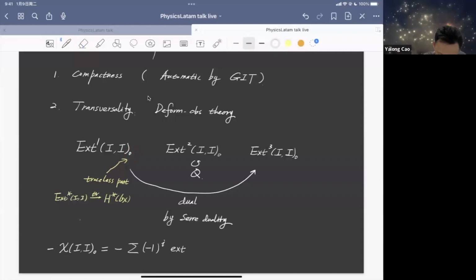I call this a small ext I. So we know that this left hand side, by Riemann-Roch, is a topological constant, depending only on the Chern character of E_I, and of course the Todd class of X. So now the upshot, using this Serre duality, is the right hand side can be written as twice of Ext1 minus Ext2.